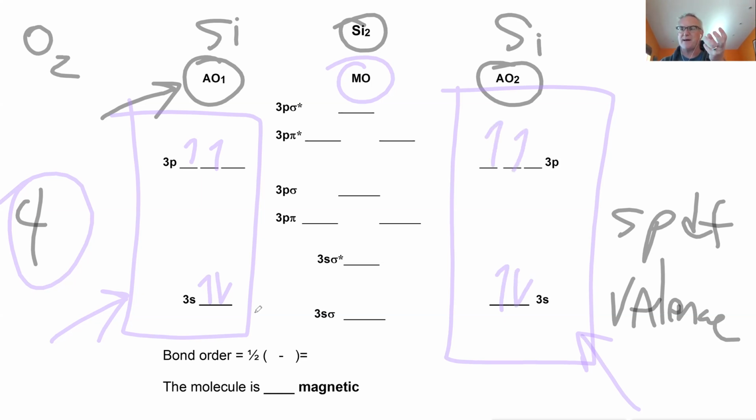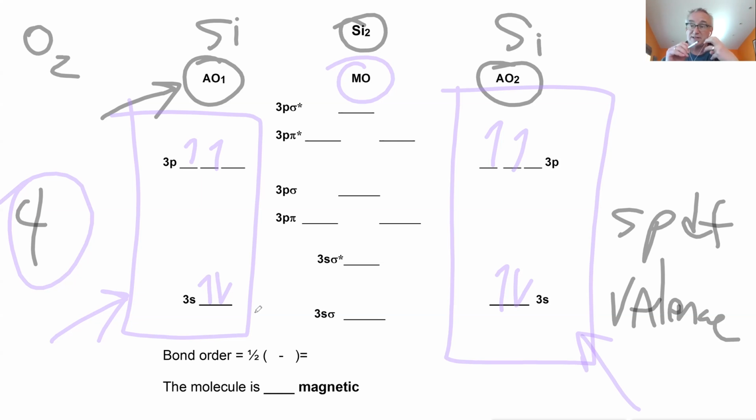And the nice thing about the molecular orbital model is that once you have your electrons, it's fairly straightforward to figure out where they go. Notice that we have 4 in s orbitals and we have 4 in p orbitals. That's basically where they're going to go in the molecular orbital as well.